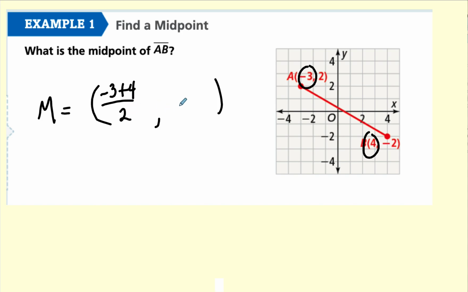So I'm going to add them and divide by 2. Now to figure out the Y answer, I am going to look at the y coordinates, which is 2, and I'm going to average them, which means I'm going to add the 2 y coordinates and divide by 2. When I simplify, the answer will be 1/2 for the x coordinate and 0 for the y coordinate. So at 1/2, 0, right here, that is the location of the midpoint.